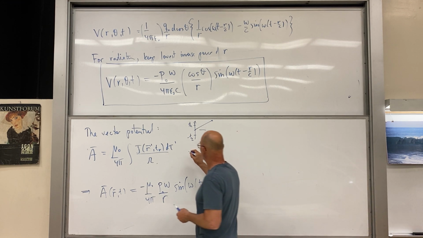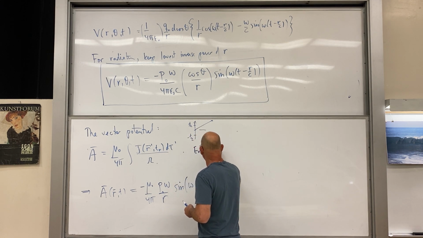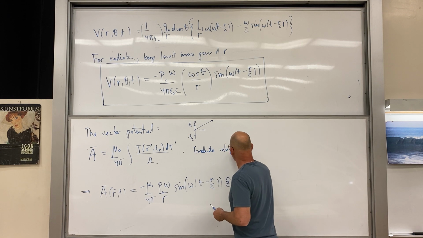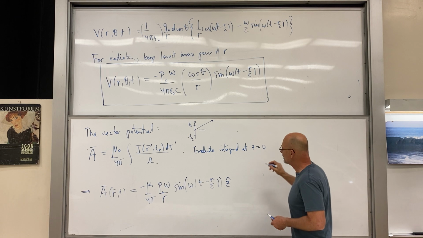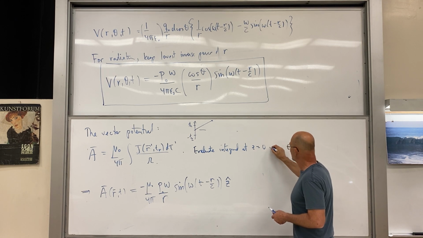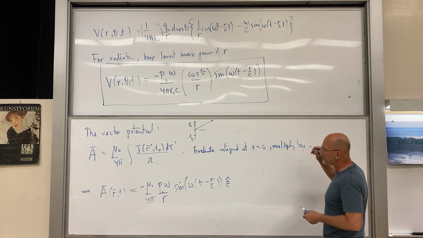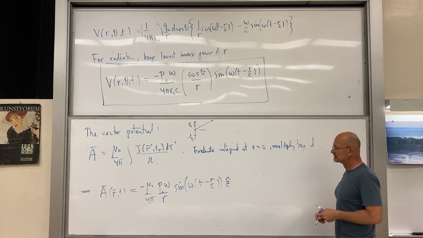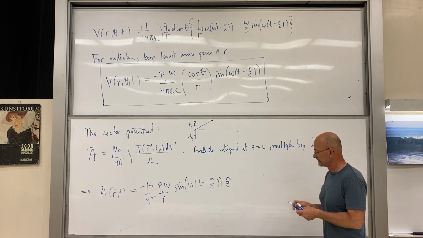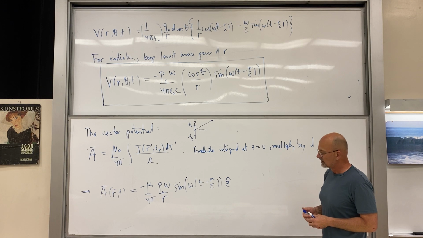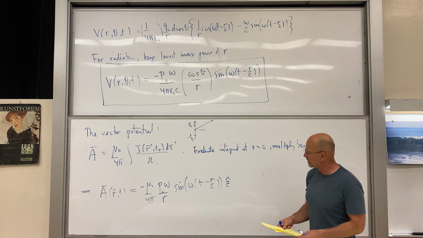Just for the record, evaluate the integrand at z equals 0 and multiply by d. And of course the direction of this integral is z hat. Okay, that's good. So is that complete? That we can work with.